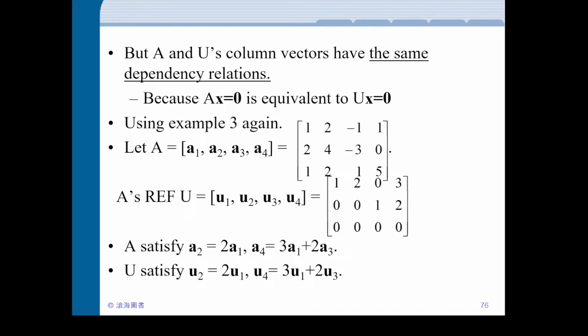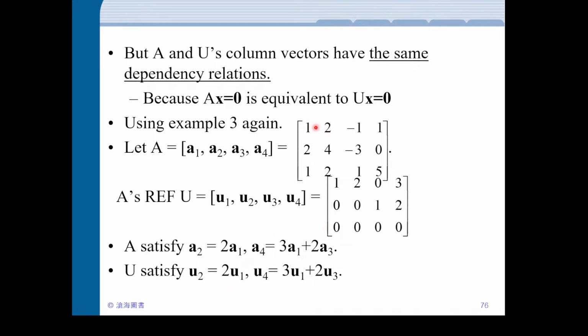But as we say, Ax equal to 0 is equivalent to Ux equal to 0, and so any solution to this will be a solution to this. So we write this in a bit of a different form. You think about those column vectors a1, a2, a3, a4, and u1, u2, u3, u4. Then we have a2 equal to 2a1, and u2 will also equal 2u1. These are pretty easy to see.